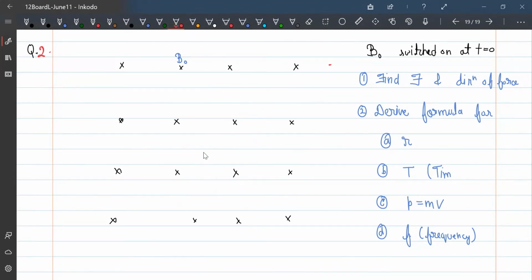The charged particle has velocity v. Mass of the charged particle is m, but the charge on the particle is minus q. It is negatively charged. And now you have to find out the same things.